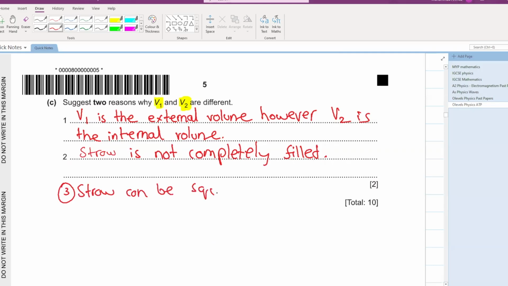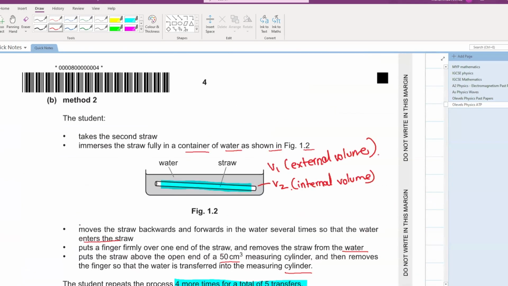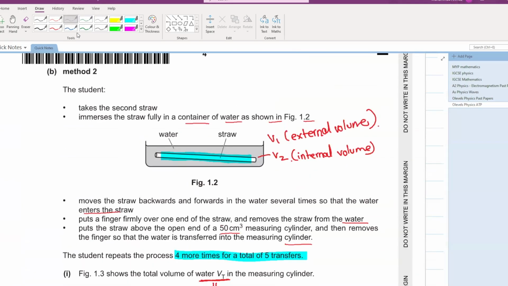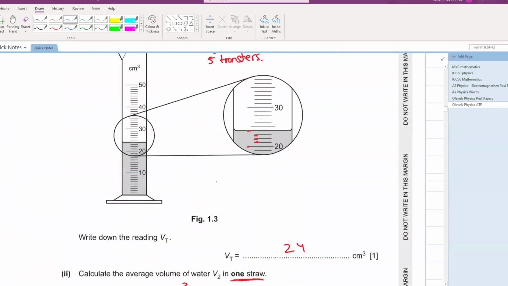You can also write one more interesting point here. You can say that there can be air bubbles inside the straw, which reduces the volume of water which the straw can carry.